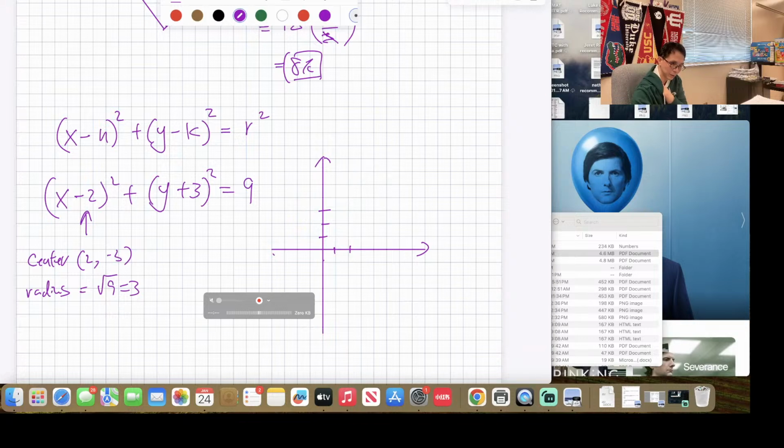I can't read. So the center is 2, negative 3. The radius is going to be here, here, here, here. And that would be the circle.